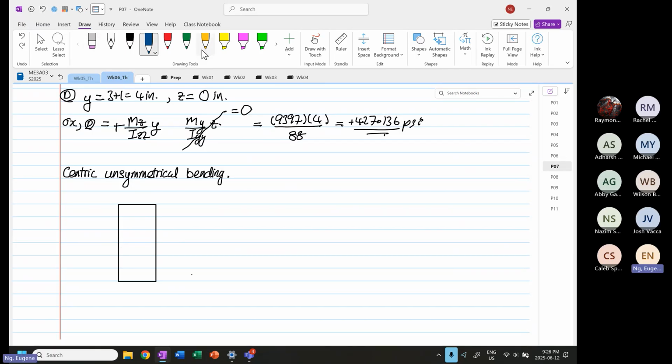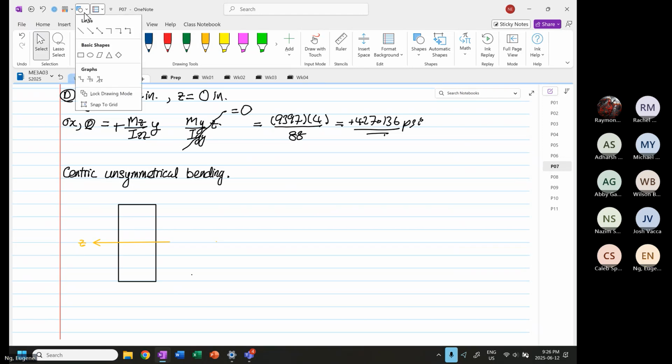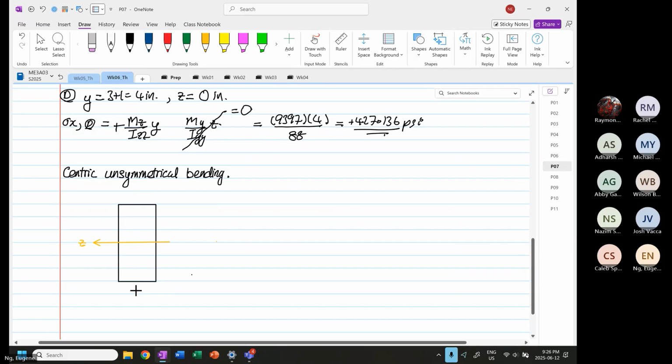Oh, I should not use this color. We will have our axis. So this is Z, and then this is Y. I'm going to do something slightly different now.